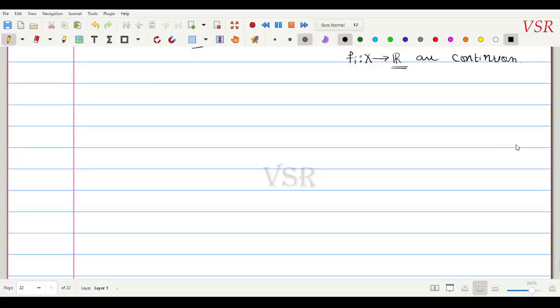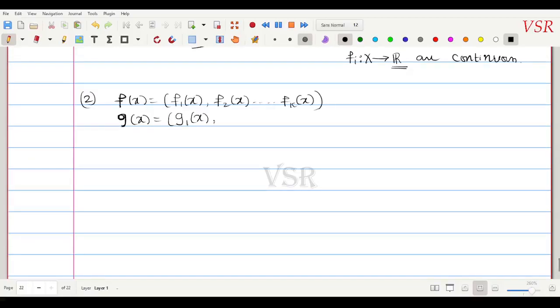So number 2: what are the coordinate functions? f of x is f1 of x, f2 of x, up to fk of x, and g of x is g1 of x, g2 of x, up to gk of x.